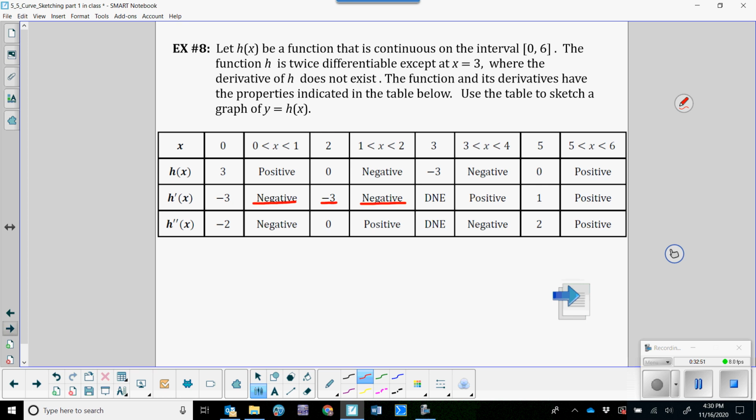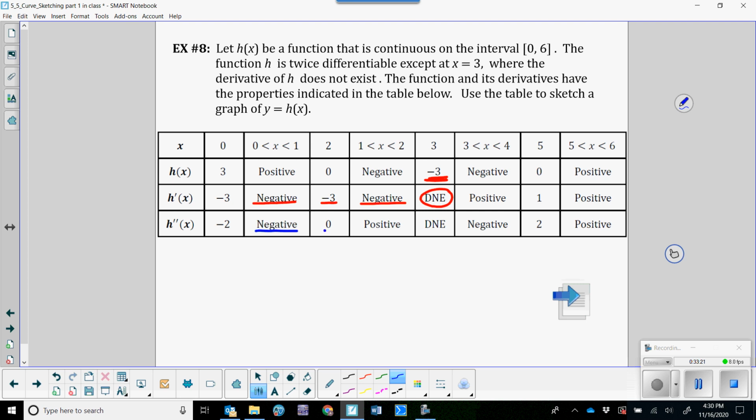And then at 3, I suddenly have a first derivative that does not exist. But at 3, I definitely have a point here for h of x, which means that I have to have a cusp or something going on there. So let's figure it out. From 0 to 1, h double prime is negative, which means I'm concave down.